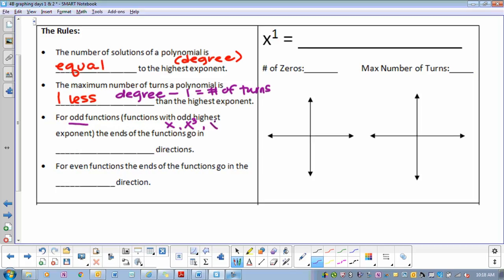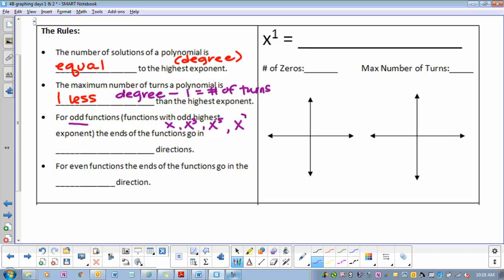And then Tom said x to the fifth. What's the next odd number? 7. So x to the 7. So if your biggest exponent is an odd number, then that function is an odd function. Does that make sense? Okay.